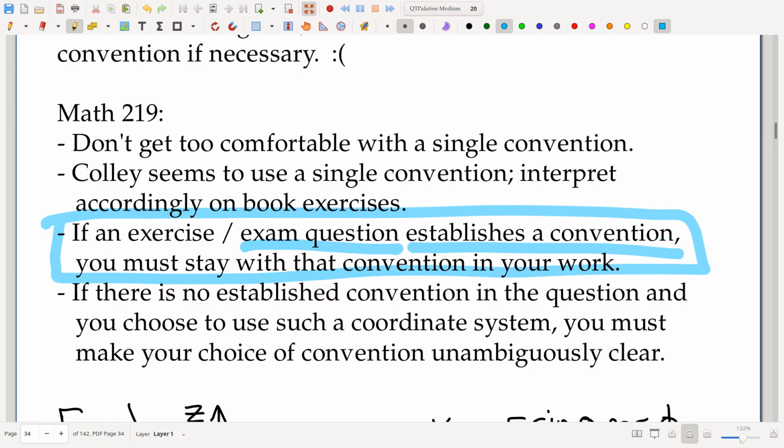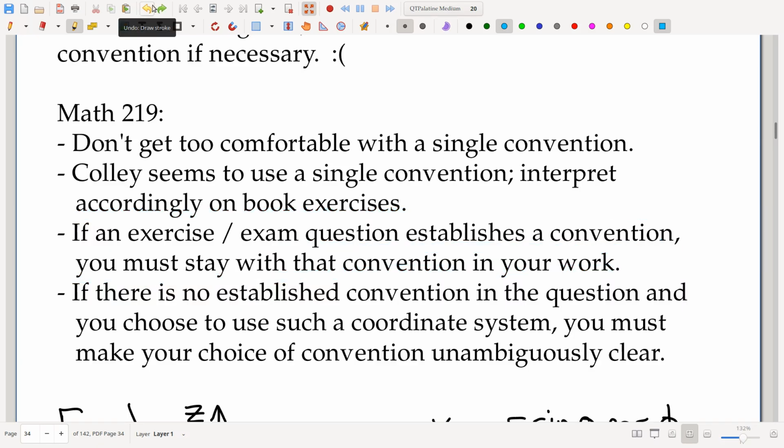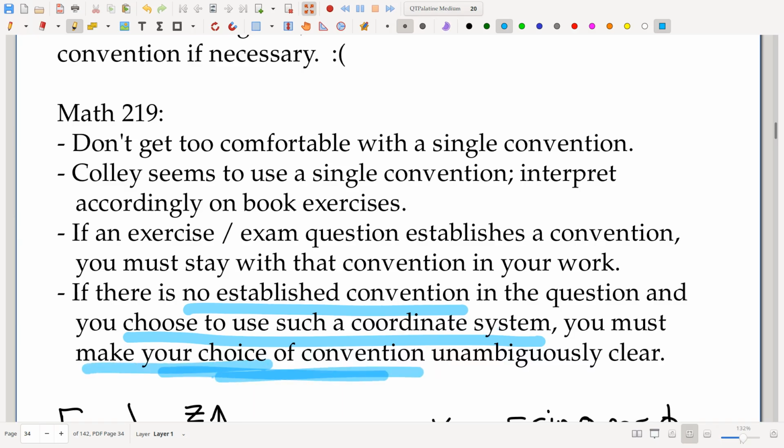So stay with whatever convention has been established. Likewise, if there is no established convention given, and you're the one that came up with the idea of using spherical coordinates, you can choose any convention.